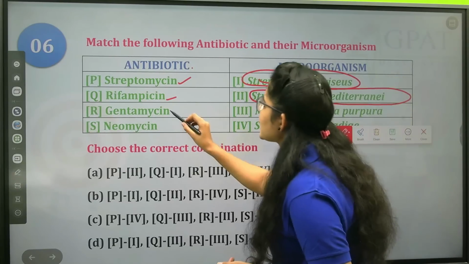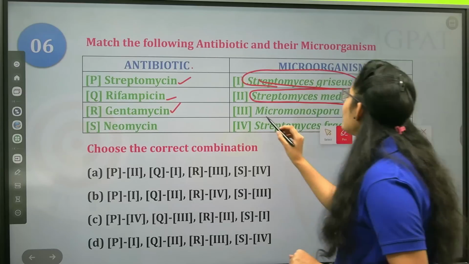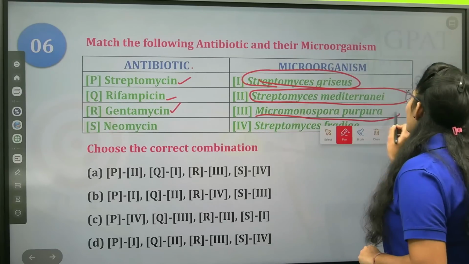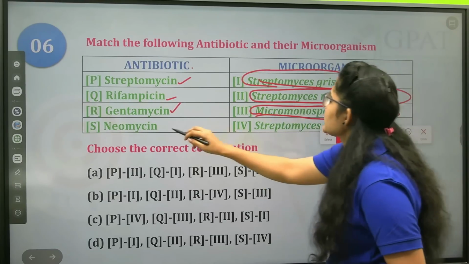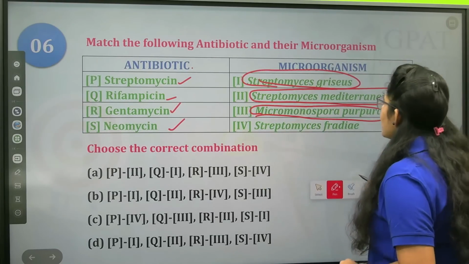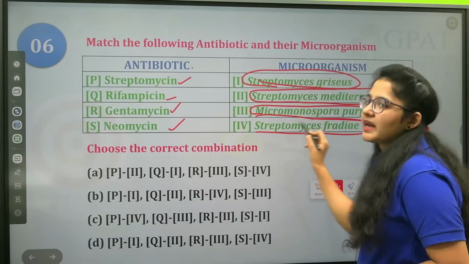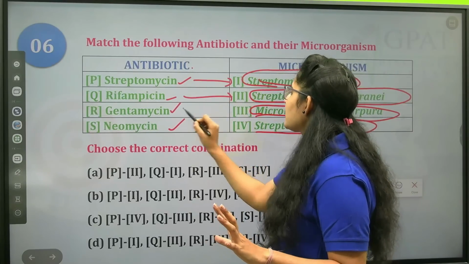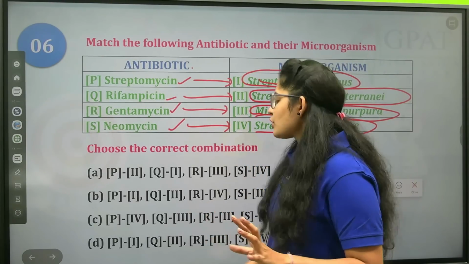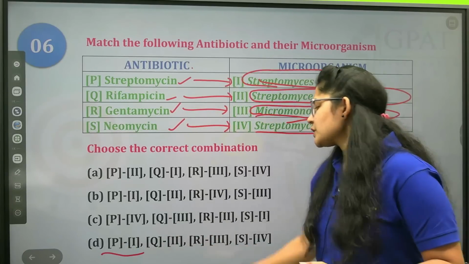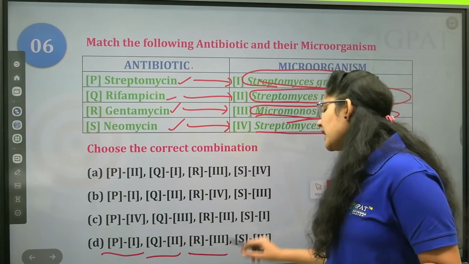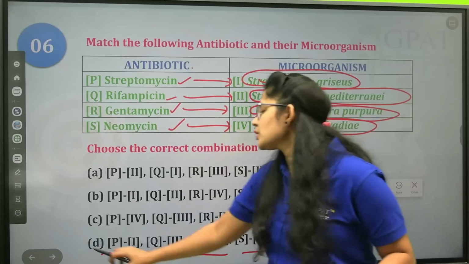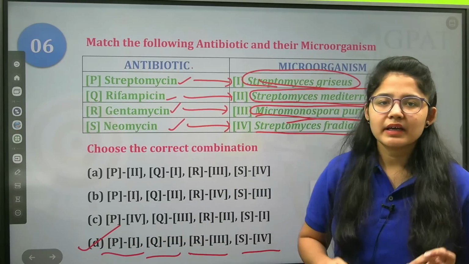Clear? Next is gentamicin, produced by Micromonospora purpurea. Next is neomycin, produced by Streptomyces fradiae. Clear? So we will match like this, because these are the answers. So the option will be P first, Q second, R third and S fourth. So option D is your correct answer.